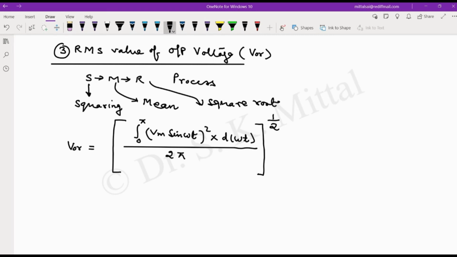So first I have squared, and by dividing by 2 pi, we have taken the mean, and then the total value is taken to the power of 1 upon 2, meaning the square root.